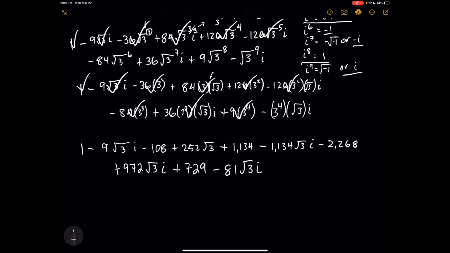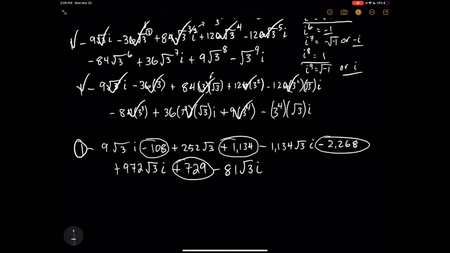Whew! What a whirlwind. All right, so now we've got several different kinds of like terms. I have just whole numbers, and I have root 3's, and I have root 3 i's. So let's take whole numbers first. I'll circle all of them. There are all my whole numbers.